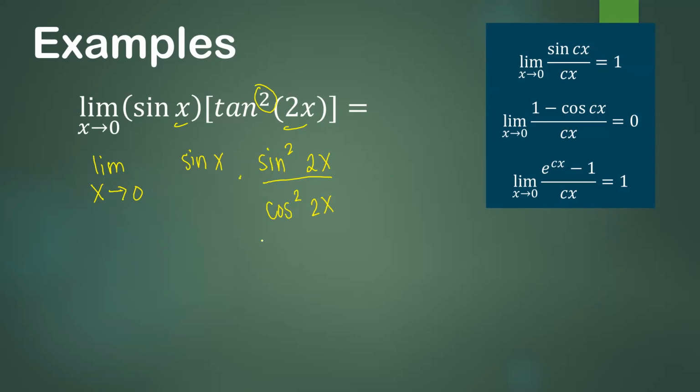Okay, so this is what came out. Remember, sine squared 2x. So what is sine 2x? That is actually 2 sine x cosine x, using our double angle identity. So we have sine x here. Then sine 2x is 2 sine x cosine x.